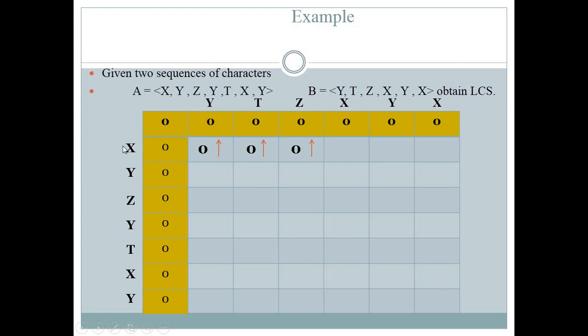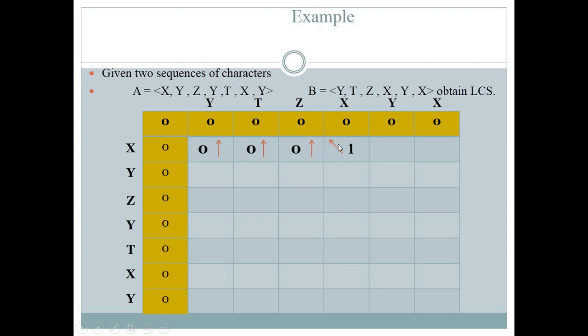Now we will check this X and this X. Here we see that both characters are matching. So in case of a matching character we will put a tilde sign in this cell. After putting the tilde sign, we will check its diagonal value.